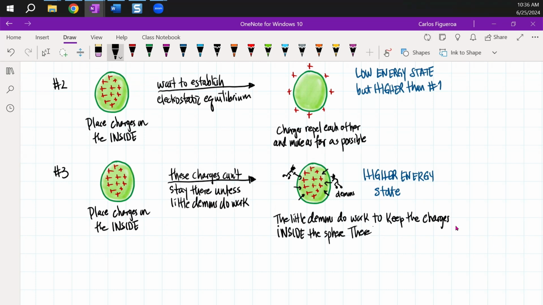Therefore, that increases the overall energy of the system.